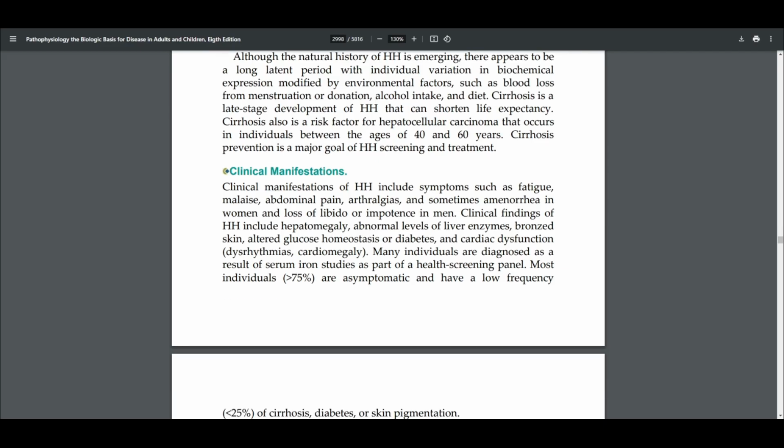Cirrhosis is a late-stage development of HH that can shorten life expectancy. Cirrhosis also is a risk factor for hepatocellular carcinoma that occurs in individuals between the ages of 40 and 60 years. Cirrhosis prevention is a major goal of HH screening and treatment.